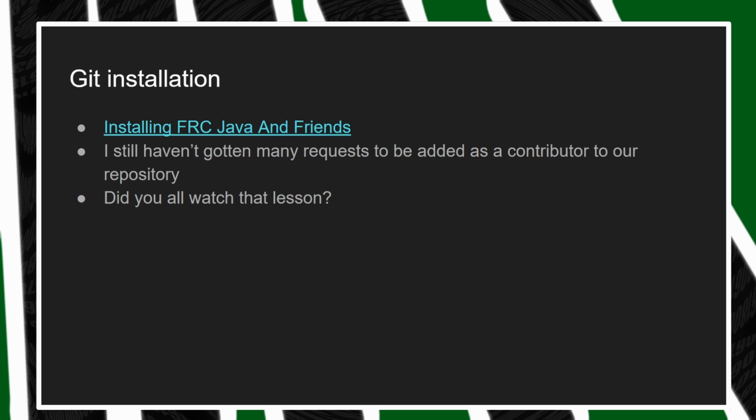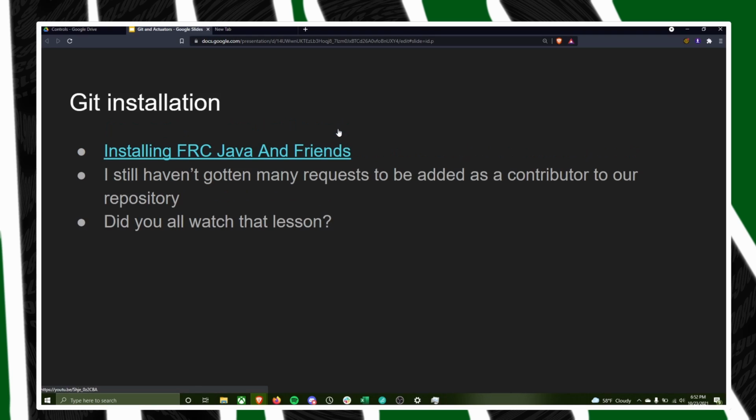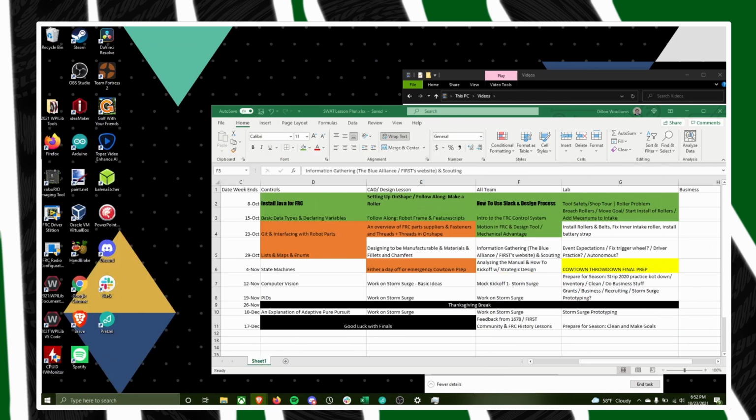So, this assumes that you watched Installing FRC Java and Friends. There's a link to that in the PowerPoint, which I haven't shared with you guys yet. Let me do that before I go on here.